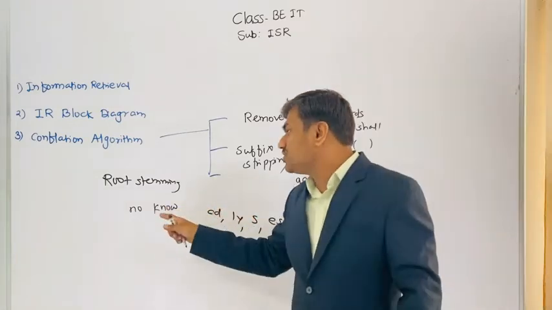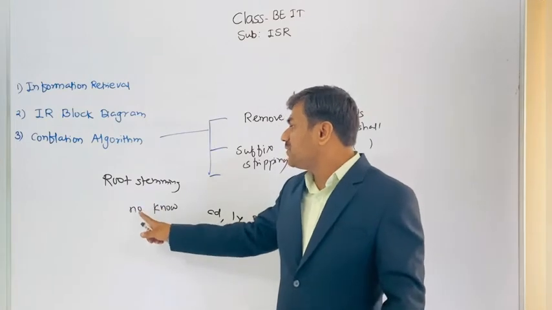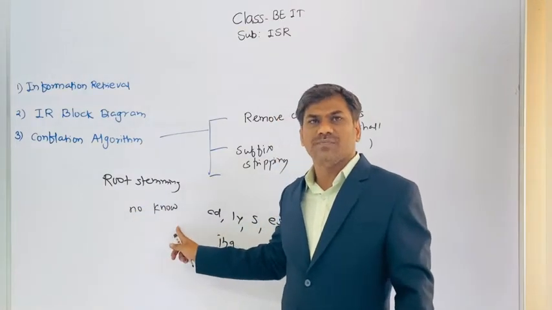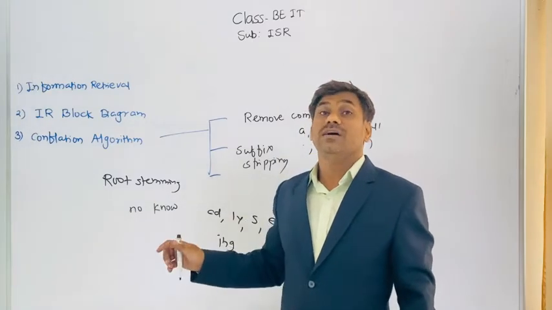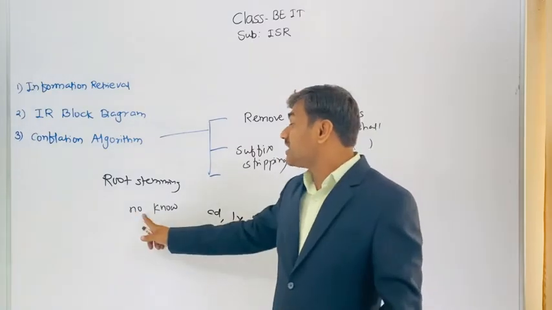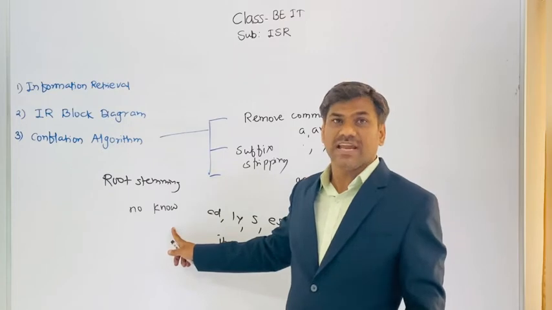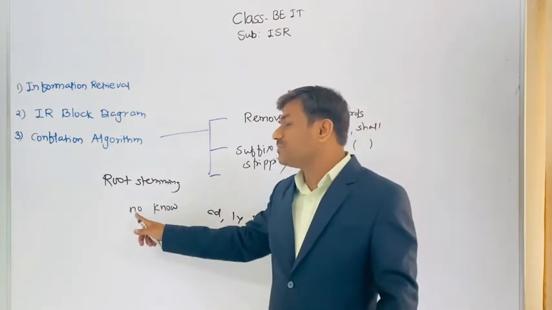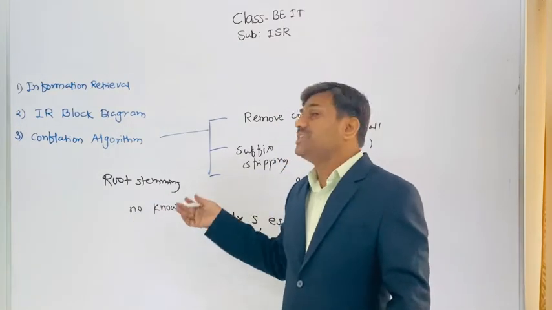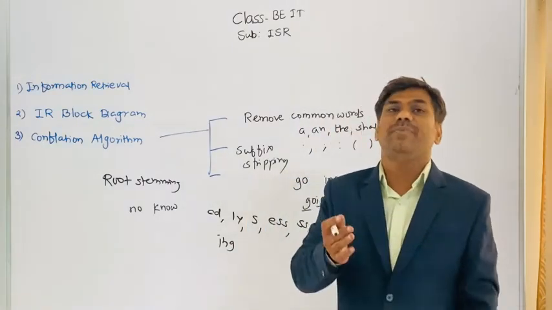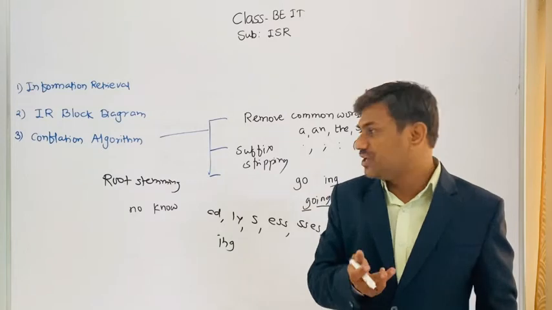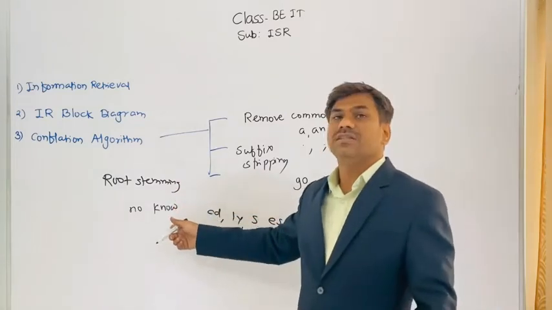If anybody uses the technique that if the frequency of this one is more than this one, then all of these will be replaced by that one. Or one may use the technique that if this is coming first and this is next, then all of those will be replaced by the one coming first. So which technique we use for replacing the common pronunciation word depends upon the person. So root stemming is the third step.